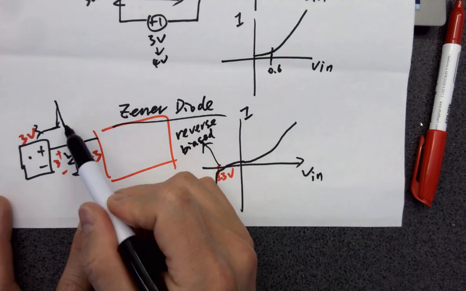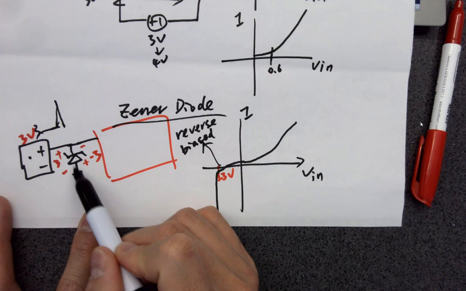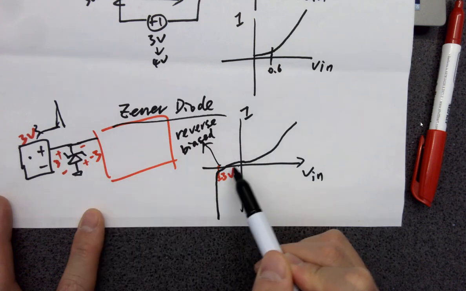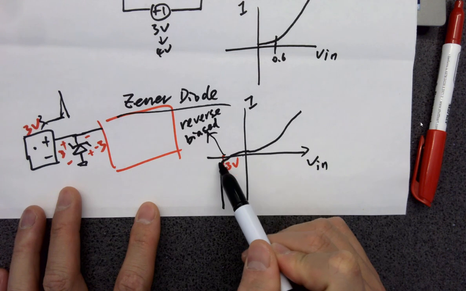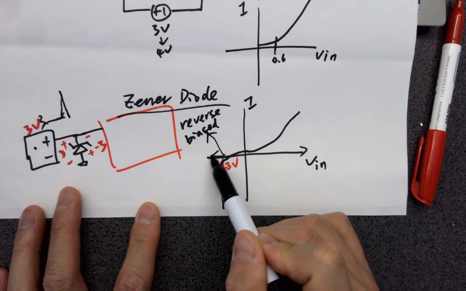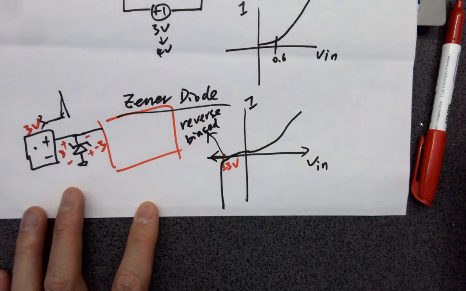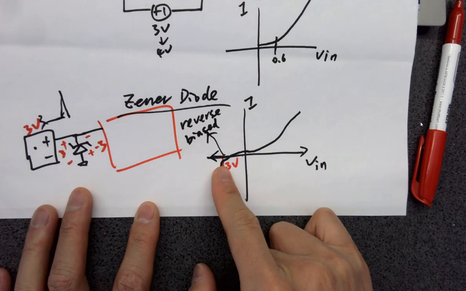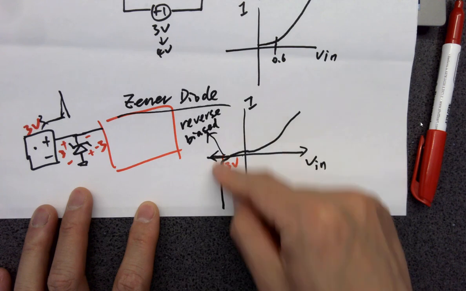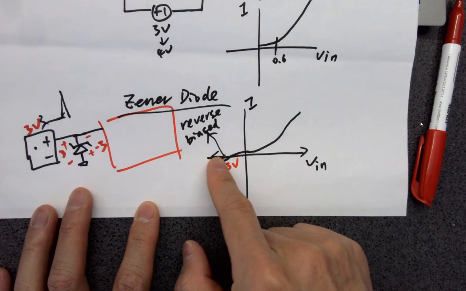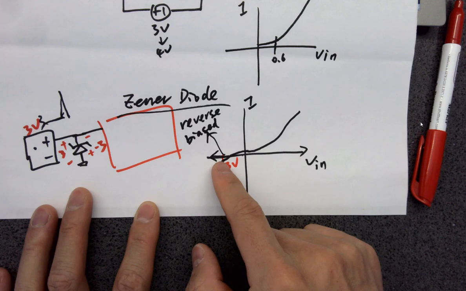Whenever the surge comes, it's actually the reverse biased voltage. It's going to the negative region. So whenever the voltage is going into that direction, which is a surge, okay, what's happening? It draws a lot of current, trying to pull the voltage back to 3 volts.